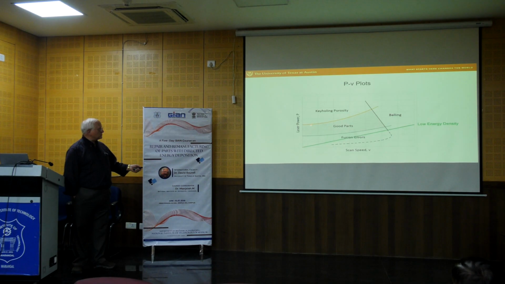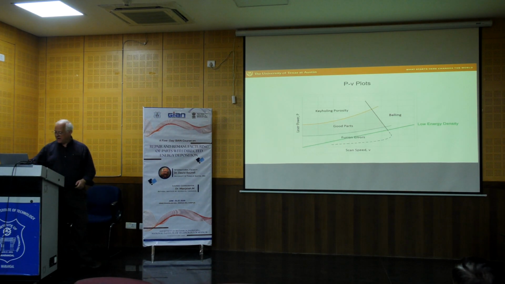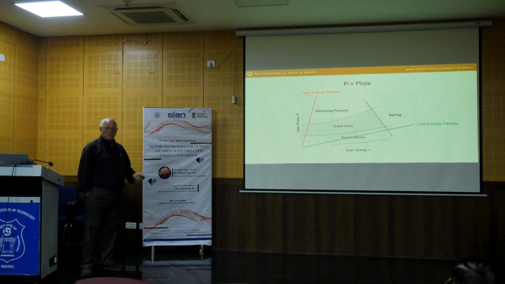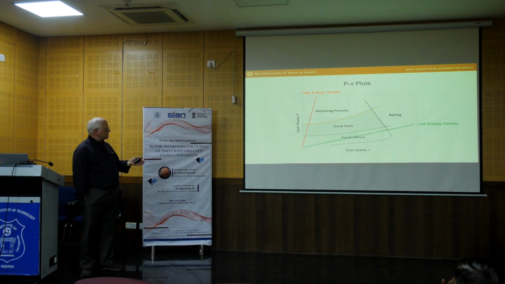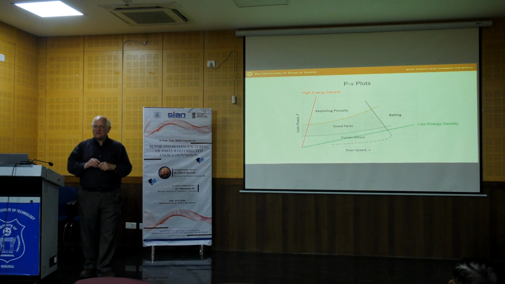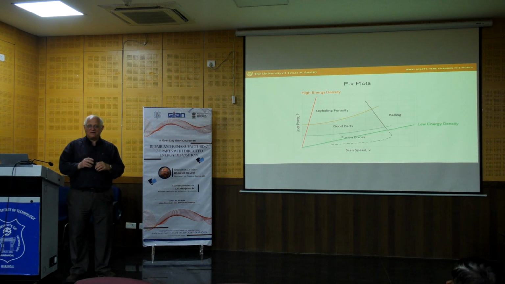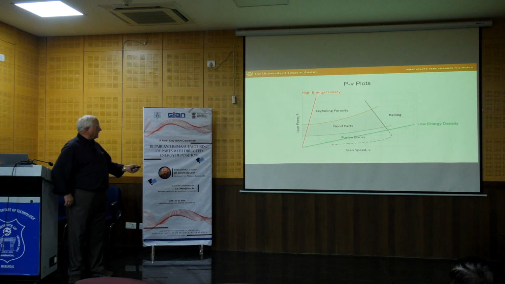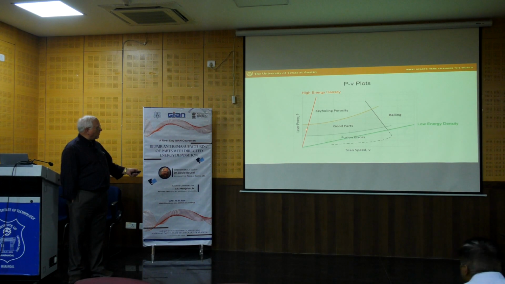And then if we came up this way, we would have a high energy density, like that. And so we can learn something from this plot: a high energy density, as you can see here, doesn't guarantee that you get a good part. And neither does low energy density. As a matter of fact, I could pick an energy density that's in the good part range.